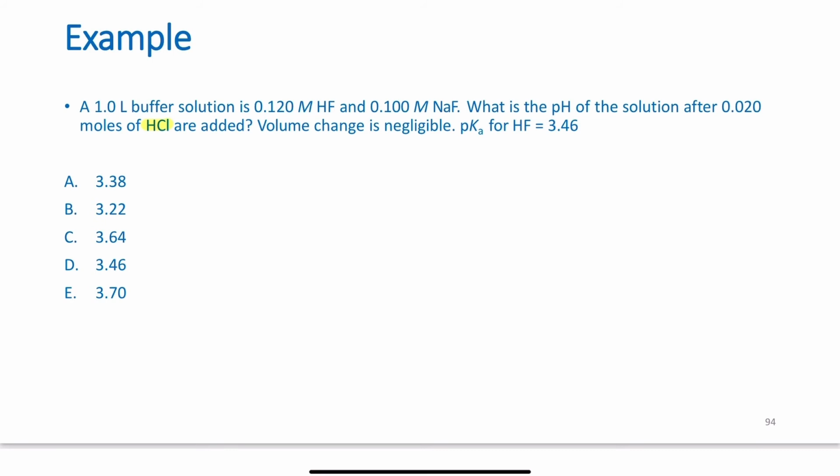That acid is going to react with the base in solution. We need a BCA chart. H3O plus, my acid, reacts with F minus, my base, to produce HF and H2O.